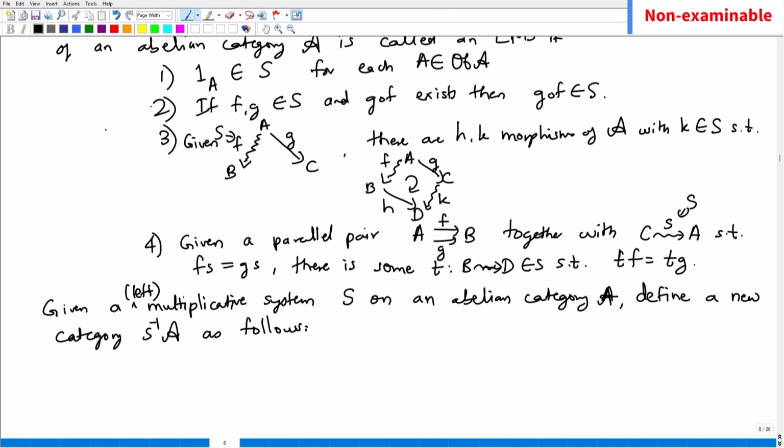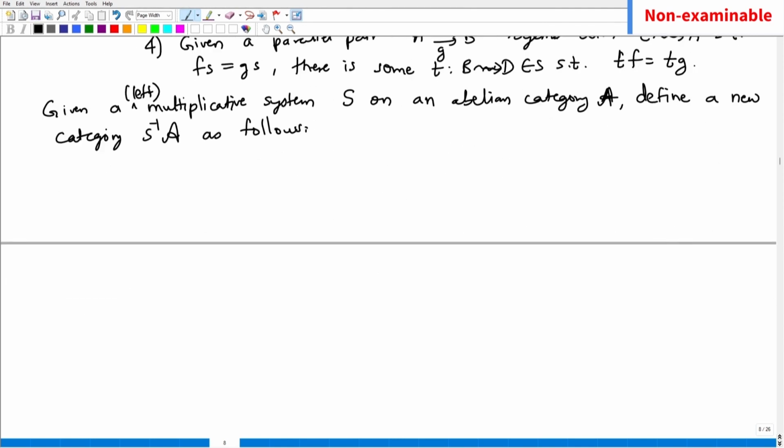So the first thing that we need to do is describe its objects. Objects of S inverse A are the same as objects of A. We do not change the objects at all. There is another way to do it, by shrinking the objects, but we are not going to do that here.